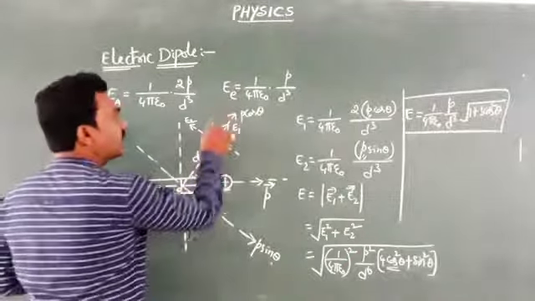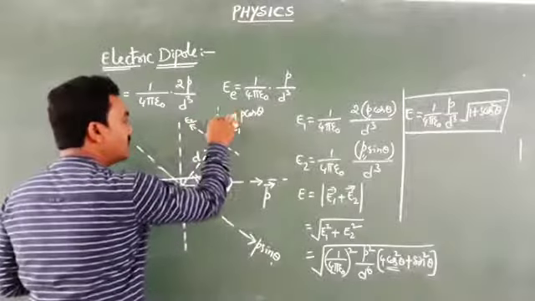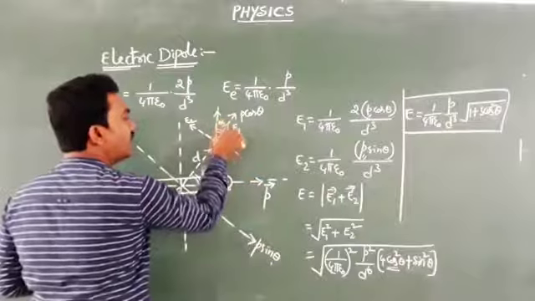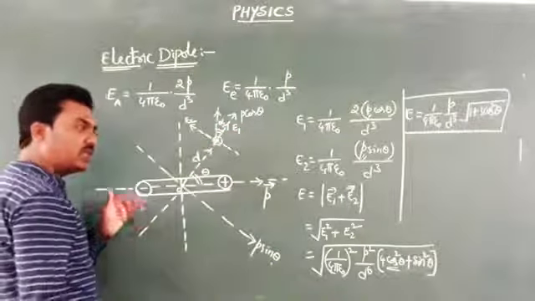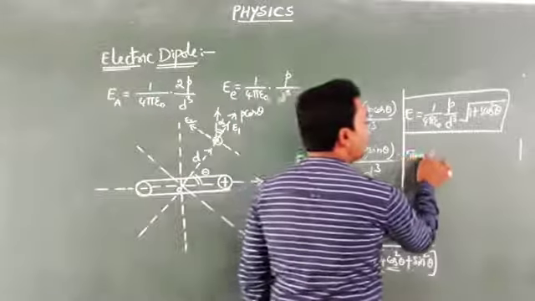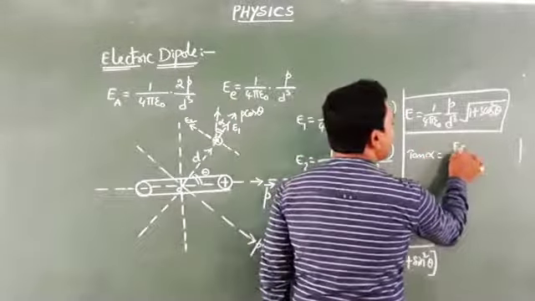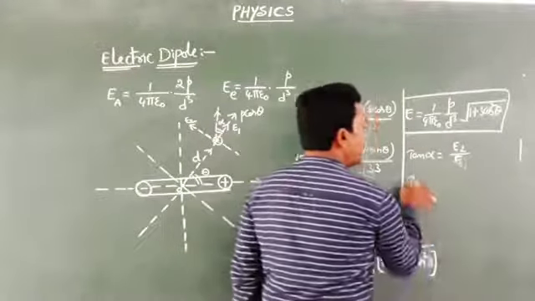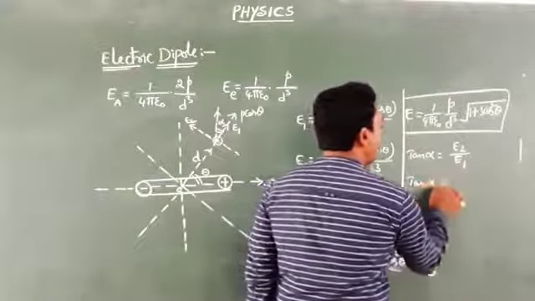Coming to the direction, let us suppose the resultant of these two is at an angle alpha with E1 bar. Then tan alpha equal to E2 by E1, because E1 and E2 are perpendicular, and with E1 you are expressing the angle.